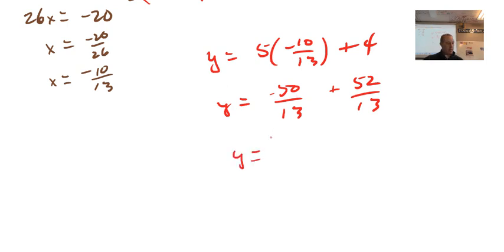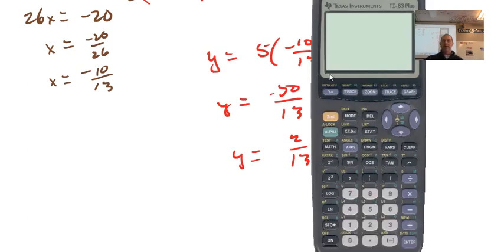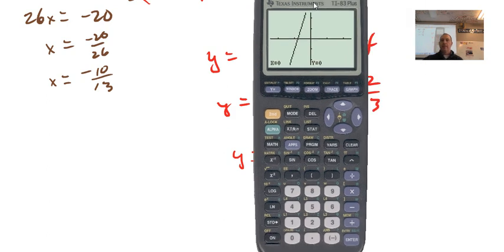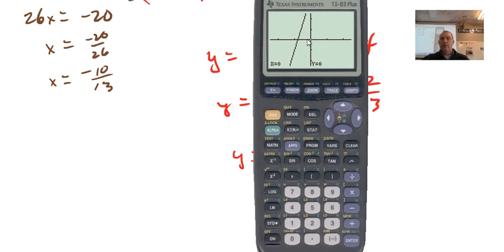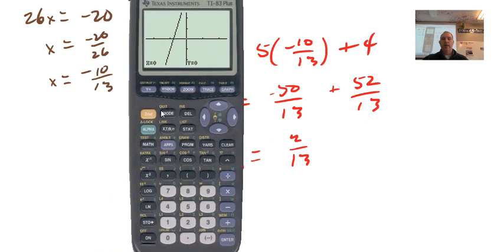And y is then going to be equal to 2 over 13. So the point on the line that is closest, and we'll bring up that, let's turn that on, has the coordinates negative 10 over 13, 2 over 13. So let's just give that a quick test here.